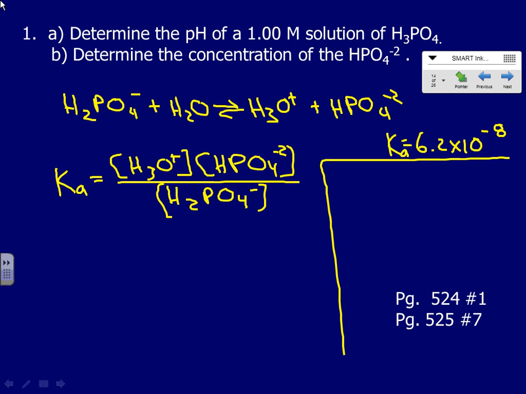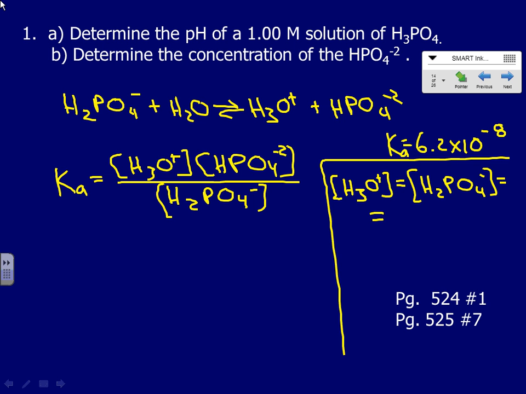Due to the fact that the first equilibrium dominates, we actually already know the H3O plus concentration and the H2PO4 minus concentration. That is equal to what was determined by the first equilibrium.